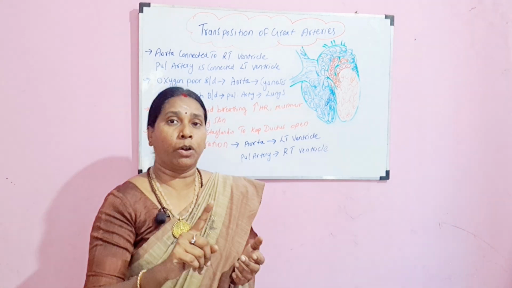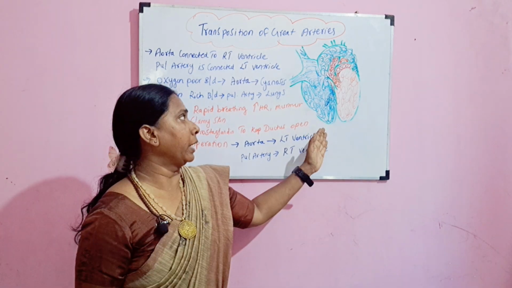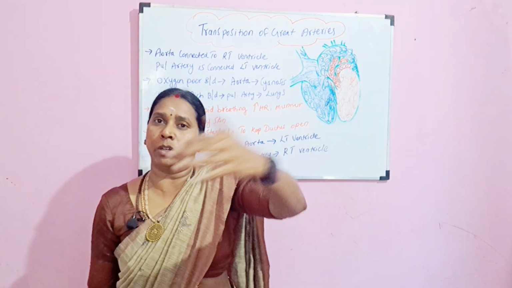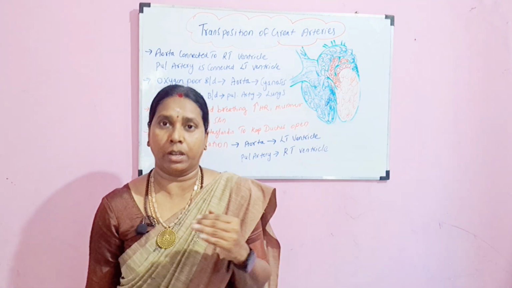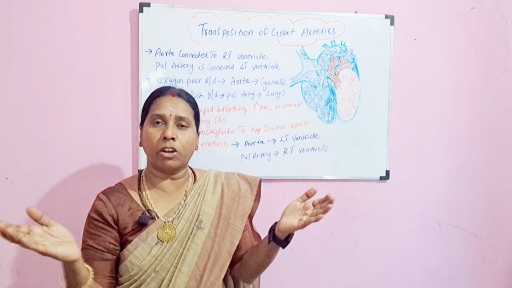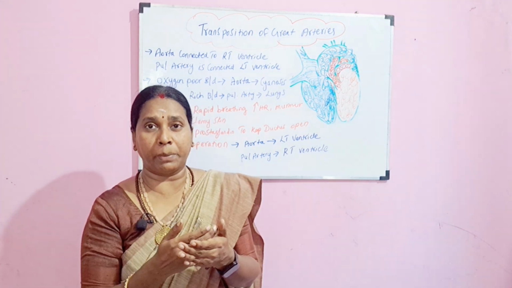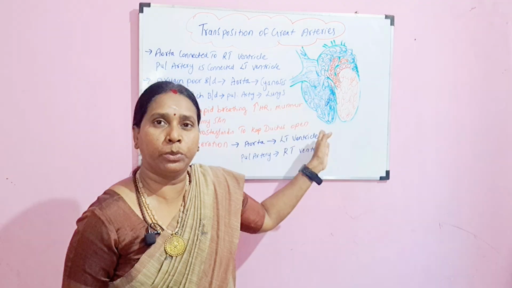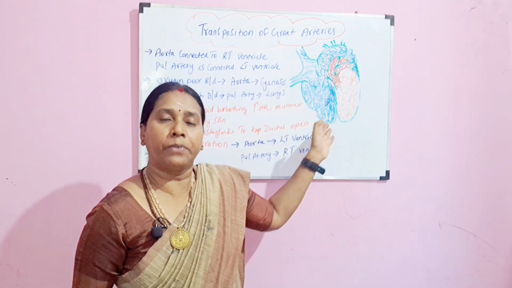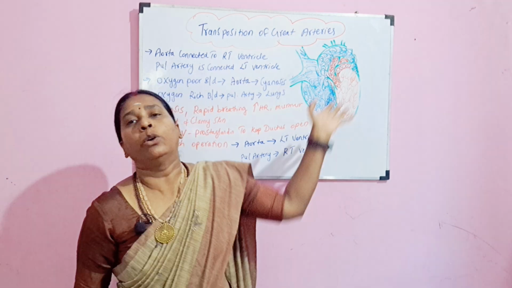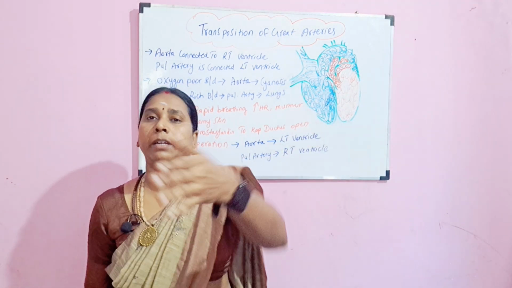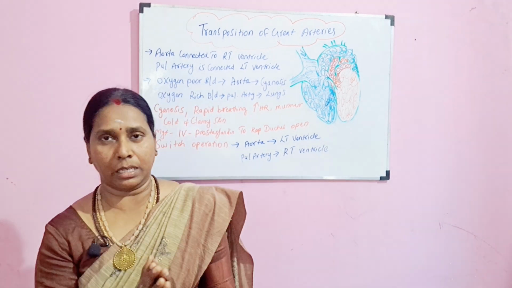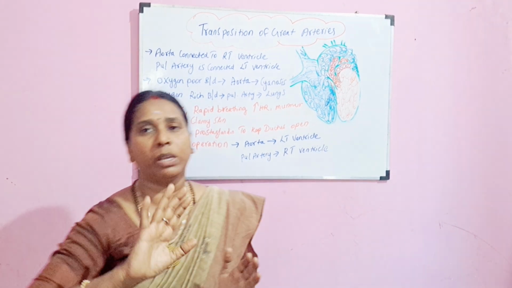Instead of the right ventricle leading to the aorta carrying 100% deoxygenated blood for systemic circulation, we are allowing the mixing of blood to take place. At least 50% oxygenated blood will enter the right ventricle, and from the right ventricle through the aorta, this 50% oxygenated blood will go for systemic circulation. This is the logic, and we are allowing mixing of blood to take place.